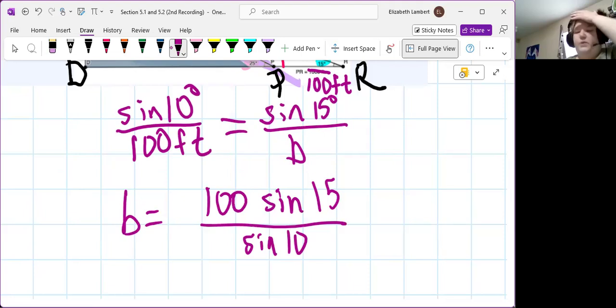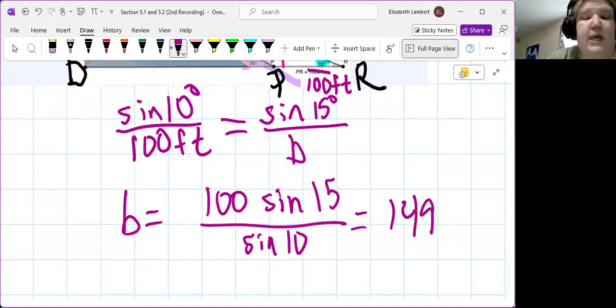Now this is probably going to be a silly answer, but I don't know because I don't really know how long ski lifts are to know if this answer is going to be silly or not. 100 sine of 15, close parentheses, divided by sine of 10, close parentheses, maybe. 149.047 feet.